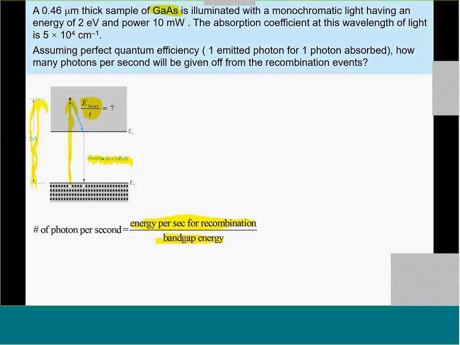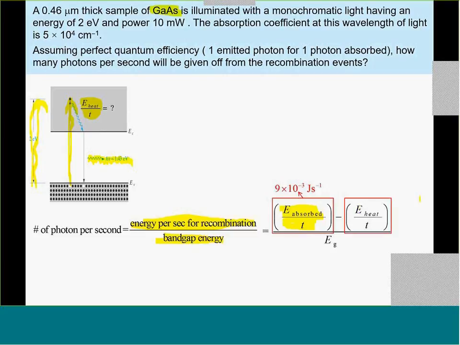But what is the energy per second available for recombination? It's essentially the energy that's been absorbed, which we have calculated just now, but what about the heat loss? We have yet to know, isn't it?